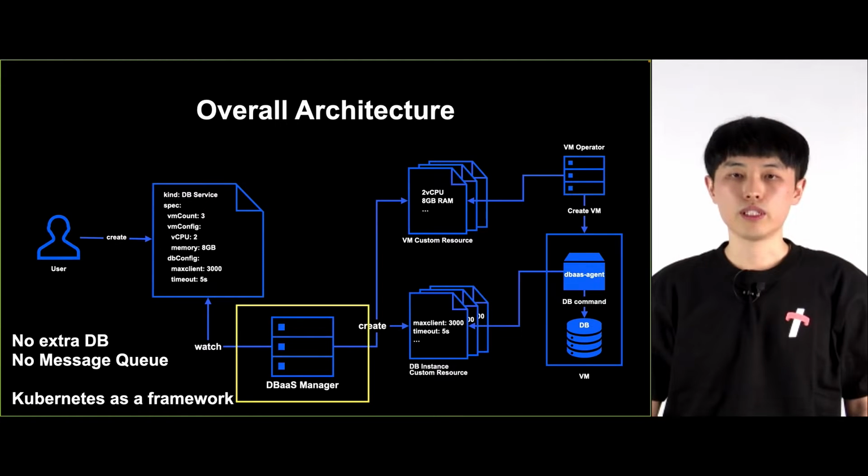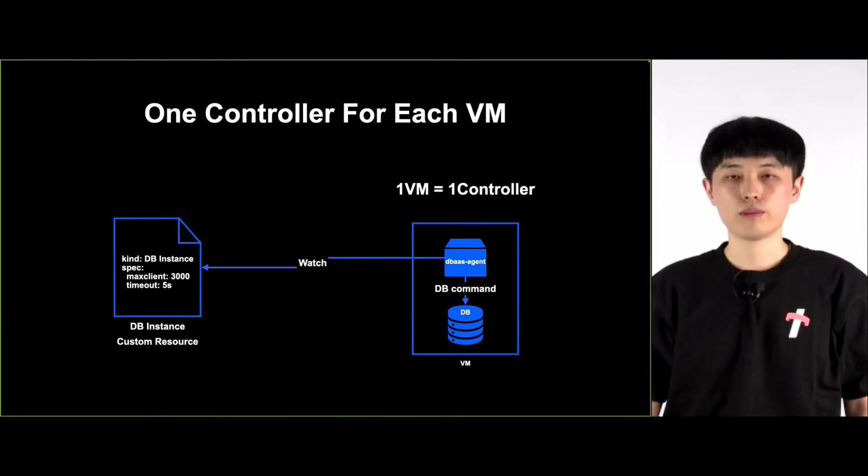Then what kind of impact will this structure have on Kubernetes? In this design, even if there are numerous VMs, will there still be no problem on the Kubernetes? Kubernetes is very expansive. It can expand very well, but it has a different usage pattern compared to general Kubernetes usage.